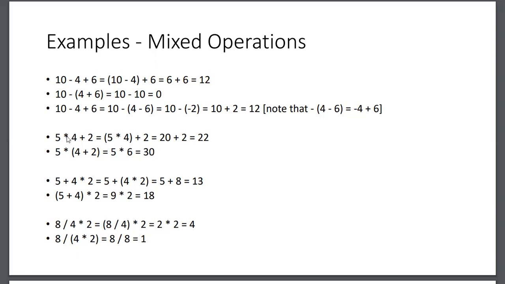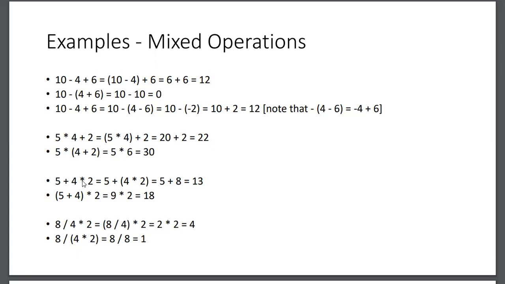Here, mixture of multiplication and addition. You do the multiplication first. And we're doing left to right anyway, but that comes first. And so that's 5 times 4, 20 plus 2 is 22. If you group differently, you'll get 5 times 6 is 30. Now, if we take the addition appearing first, it has a lower precedence than multiplication.